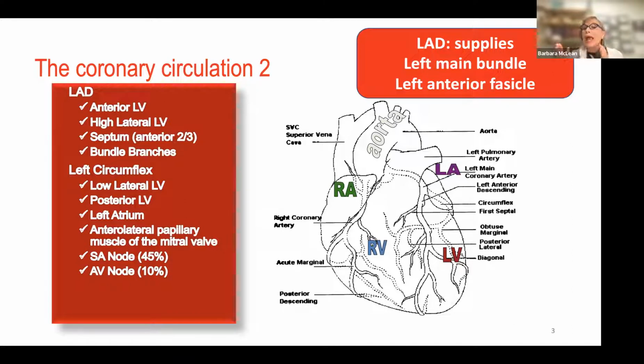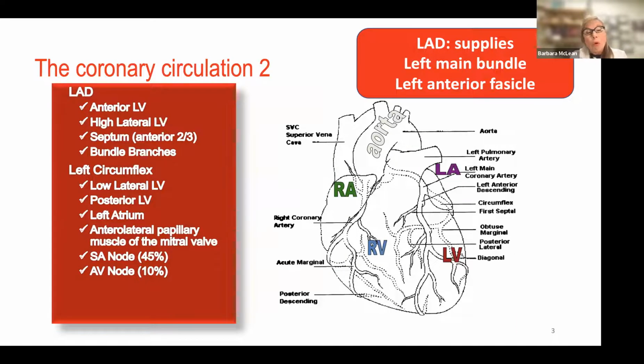Now that left main bundle, before it bifurcates to anterior and posterior, if we have an infarct or ischemia to that area, you will have a complete left bundle branch block, which means you'll activate the left ventricle from the right heart cell by cell by cell, taking a long delay, with a very clear presentation, because it's a pure left bundle branch block with both bundles deactivated when you have an ischemia or infarct at the common bundle.